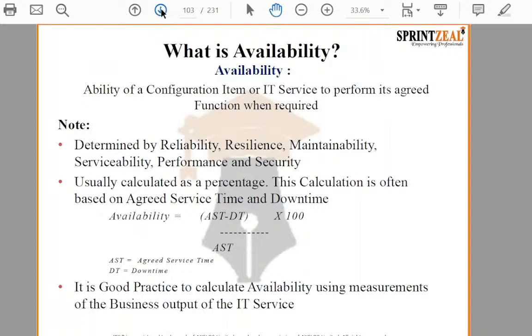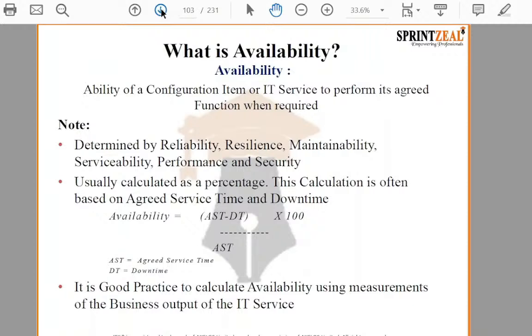So for instance, Sprintzeal has a learning management system. They have a URL. I put the URL in my browser, push enter, the page pops up and it says there's an error, a 404 error, or you cannot access this content. So automatically, there's an availability issue.